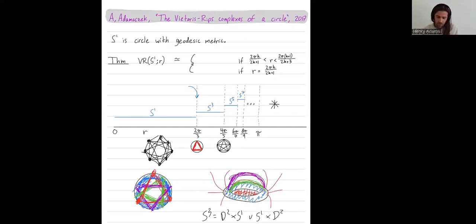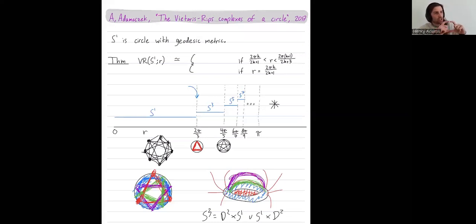And then we understood the induced maps on homotopy type when you either increase the number of points or when you increase the scale. Increasing the number of points is more relevant here.